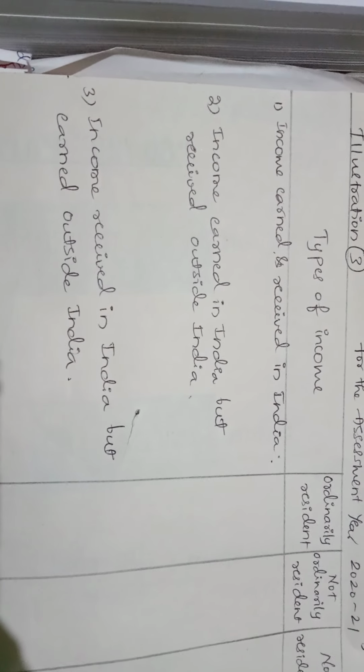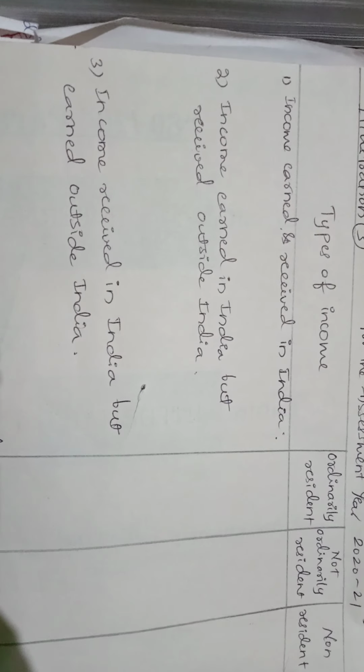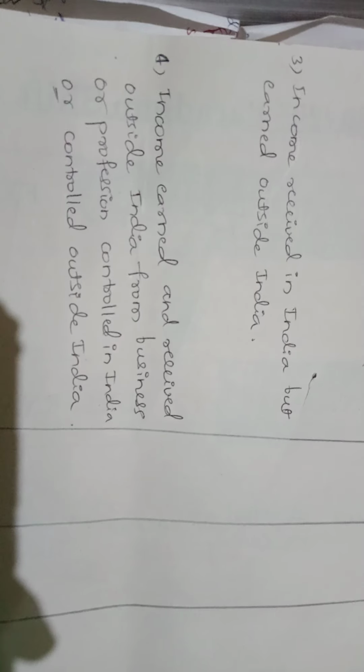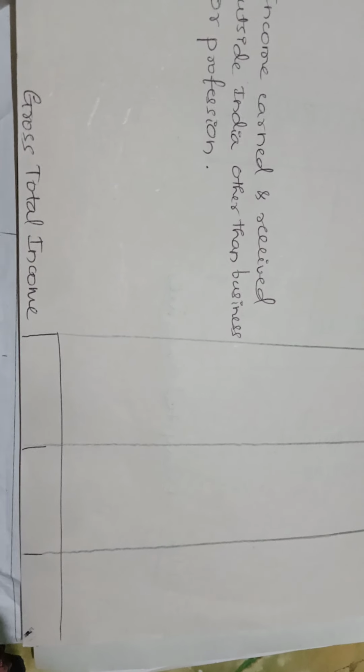One is income earned and received in India, income earned in India but received outside India, income received in India but earned outside India, income earned and received outside India from business or profession controlled in India or controlled outside India, and the last is income earned and received outside India other than business or profession. At the end it should be the gross total income.